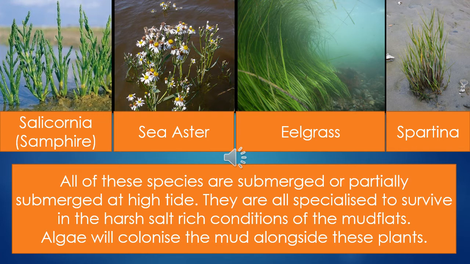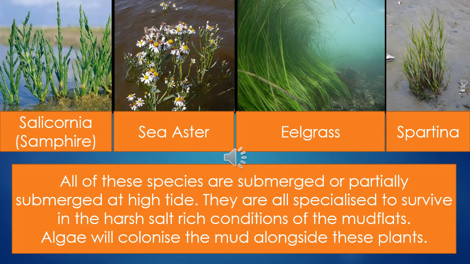Any of you that are into your fine dining might be familiar with samphire. It actually comes from coastal mudflats, that's where it's harvested. Sea aster, eelgrass, spartina. All of these species can survive being underwater.